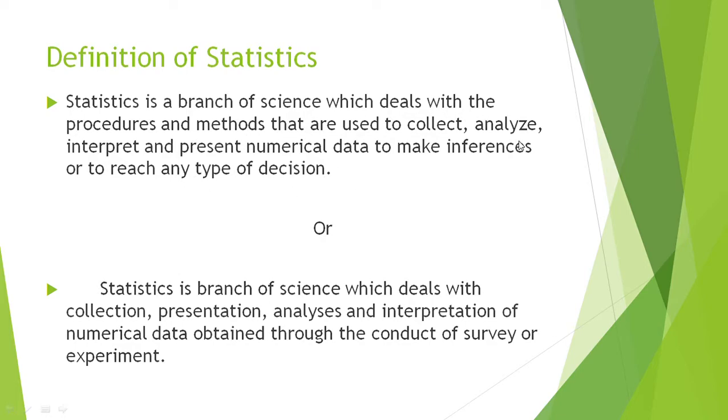So basically statistics deals with those methods and procedures which are used in the collection, presentation, analysis, and interpretation of the data. Or you can write its definition like this: statistics is a branch of science which deals with collection, presentation, analysis, and interpretation of numerical data obtained through the conduct of a survey or experiment.